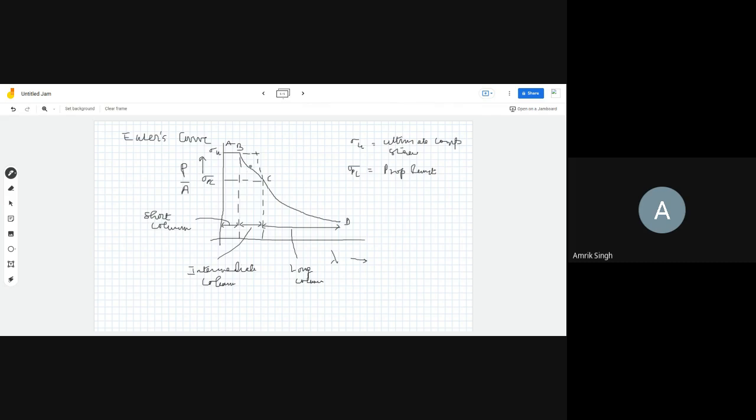So here it shows inelastic stability, and here it is the elastic stability. And this curve is known as the Euler curve. So this is also something you must know.